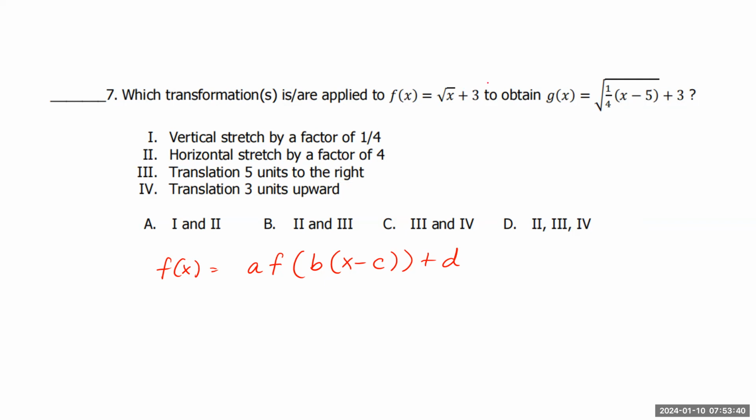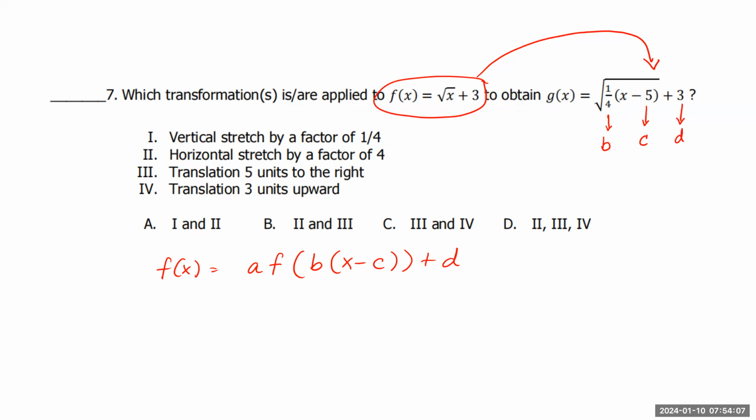If our parent function is this one, how do we obtain g? We have the variable B, which is this one. We also have the variable C, which is this one. And variable D, which is this one.